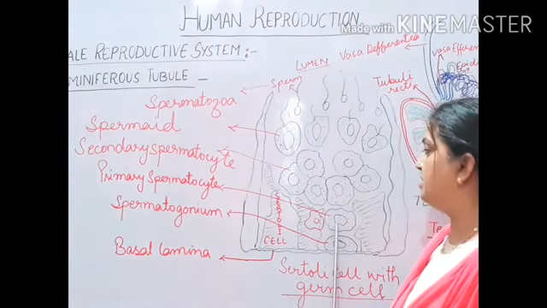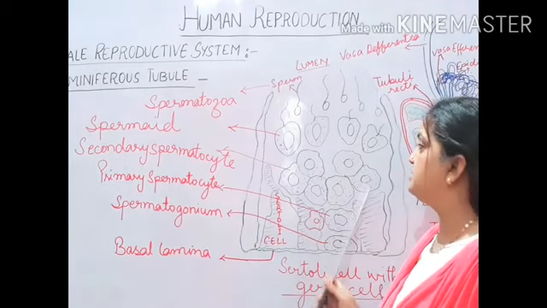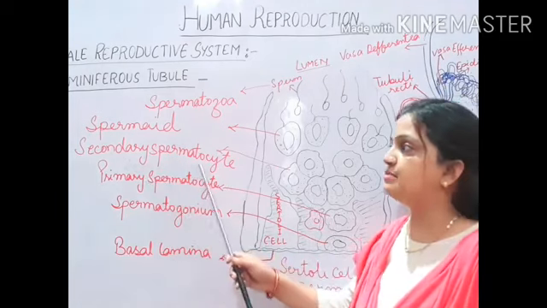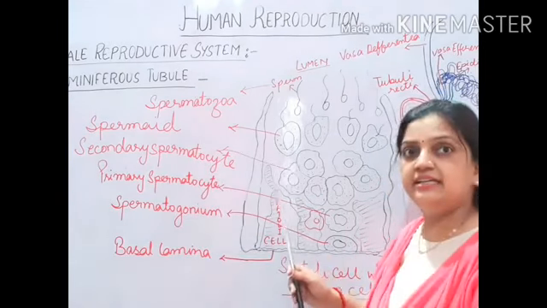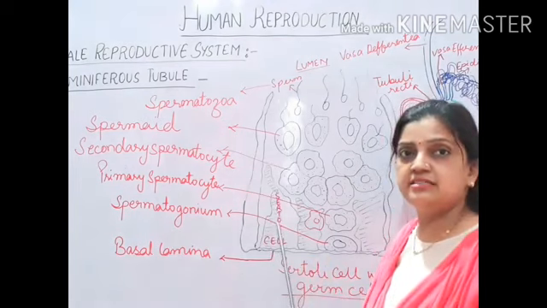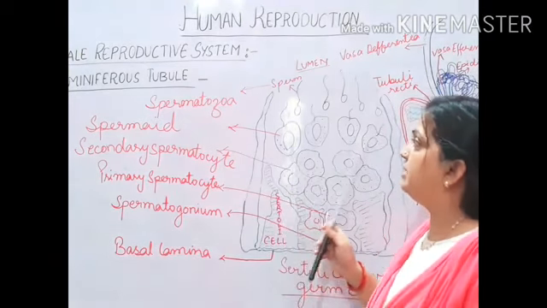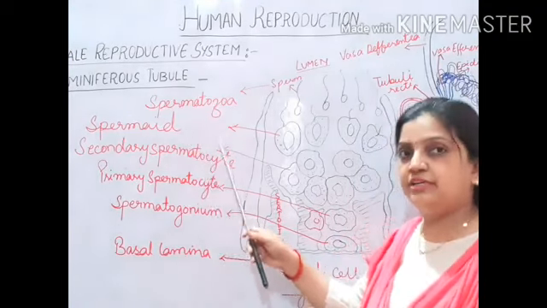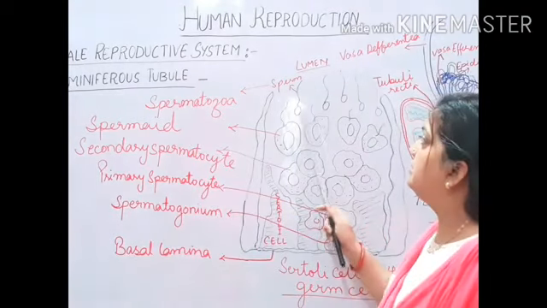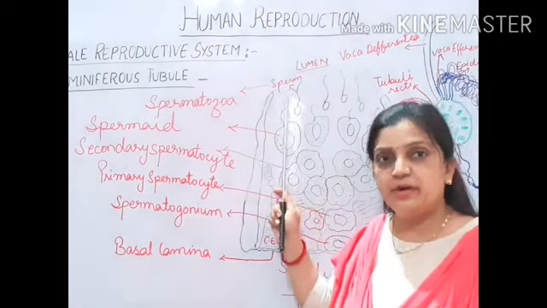Spermatogonia cell developing into primary spermatocyte. Primary spermatocyte developing into secondary spermatocyte. Secondary spermatocyte embedded inside the Sertoli cells, getting nourishment from them, and they are converting into spermatid. And these spermatids, after developing, are converting into spermatozoa or sperms.